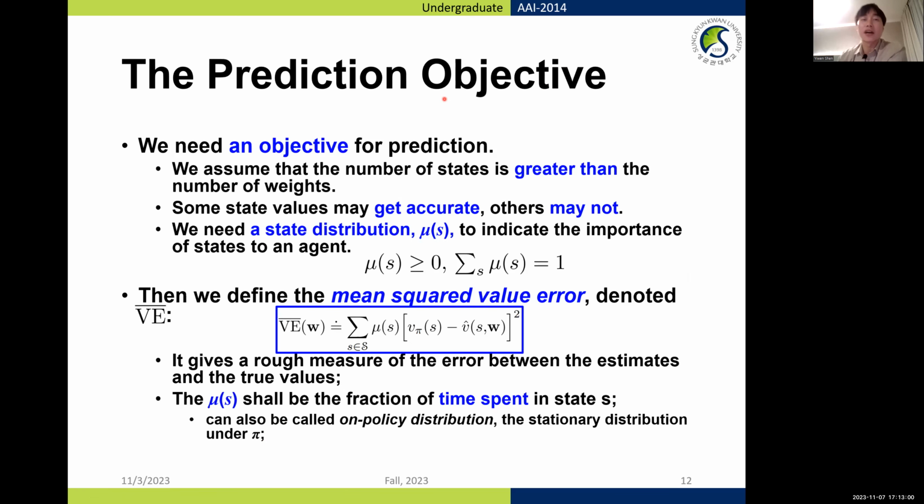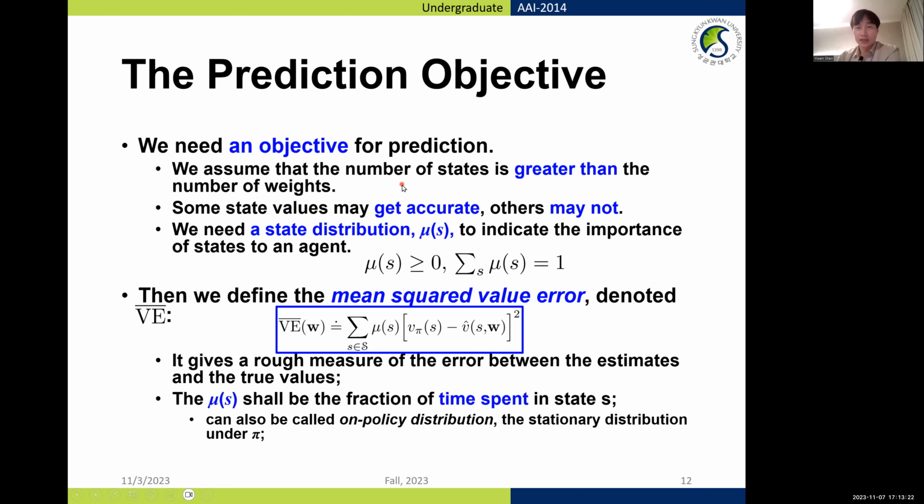Now we need an objective for predicting the state value. Here we have several assumptions or preconditions to build this objective. The first is that the number of states is greater than the number of weights.